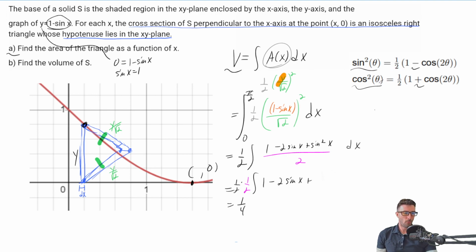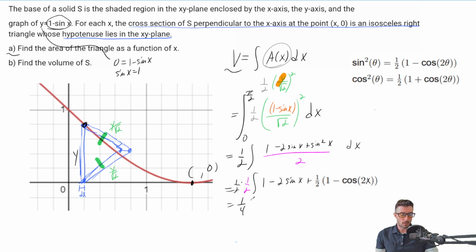Okay, so what we want to do is swap out that sine squared for this. Now, in our case, it's not really a theta, it's an x, so I'll just change that. Other than that, it's the exact same as what you just saw right there. And that's going to make it easier to take the integral. It's like the way to do it, actually.